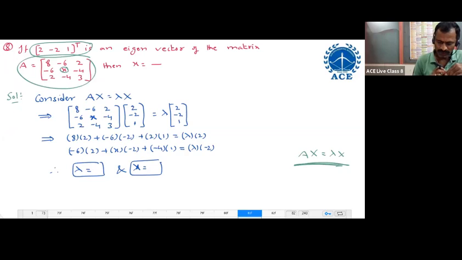X is 7, lambda is 15. Okay, lambda is 15, X is 7. Just check it down.